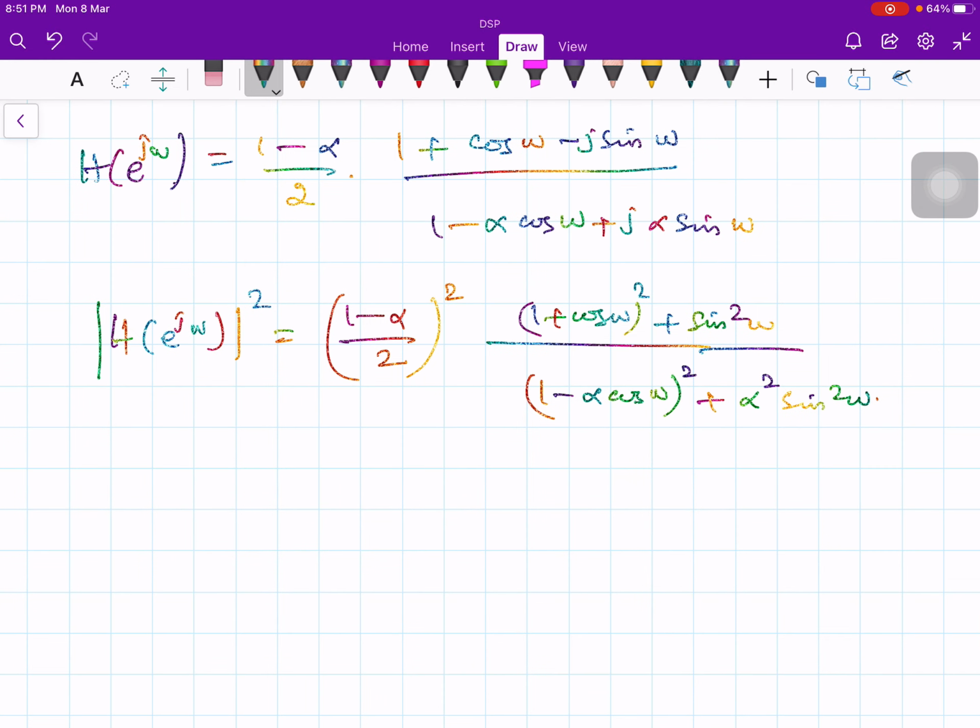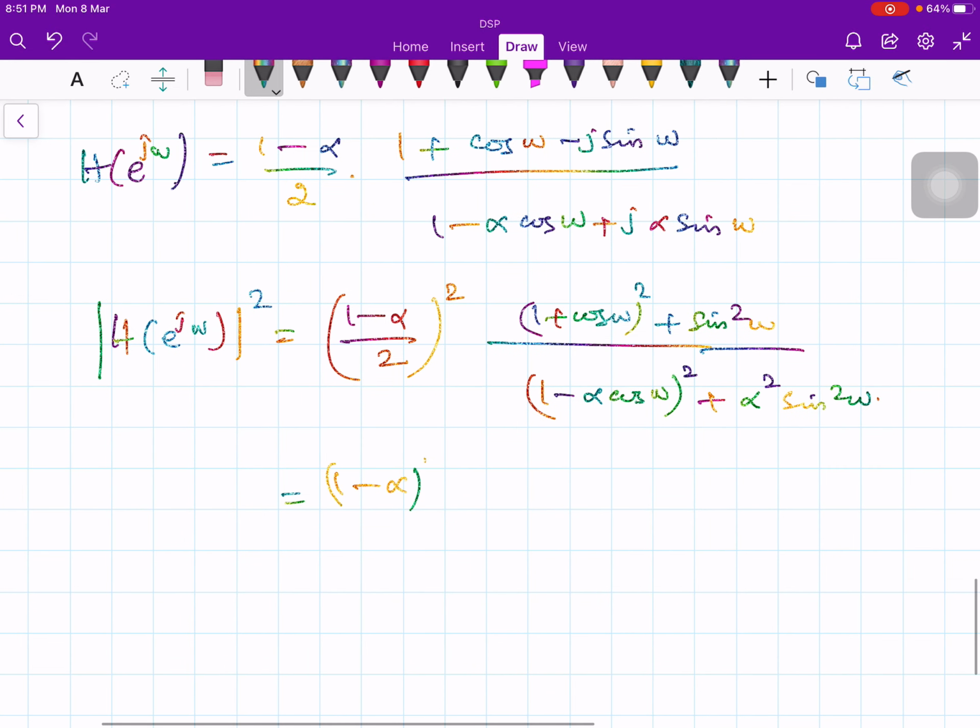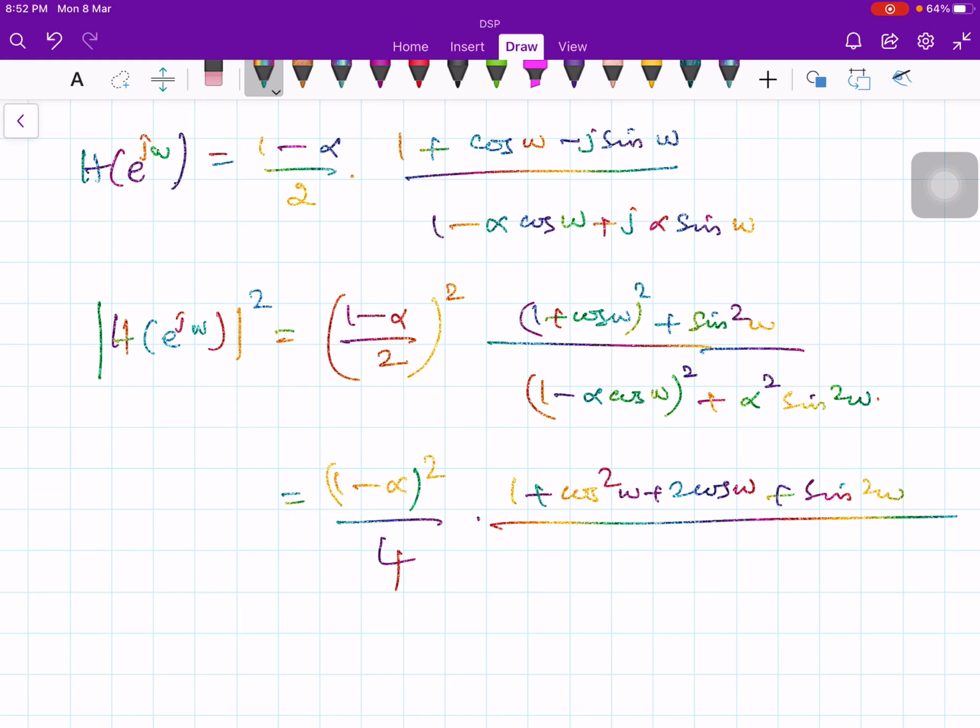Expand the numerator, 1 plus cos square omega plus 2 cos omega plus sin square omega, divided by 1 plus alpha square cos square omega minus 2 alpha cos omega plus alpha square sin square omega.